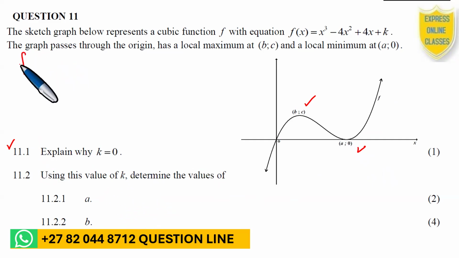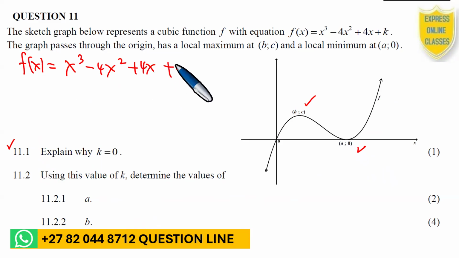Because the equation is f of x, which equals x cubed minus 4x squared plus 4x plus k.